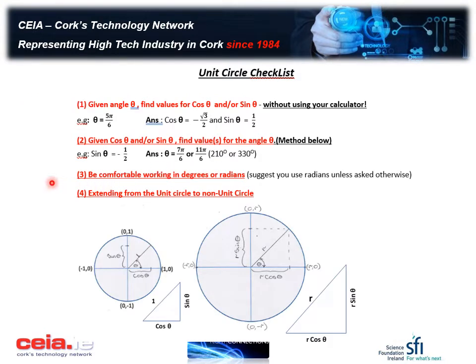So that's our unit circle checklist, and the idea is that at the end of the topic you think about and create some questions to test yourself on core skills or core ideas in the topic that you just studied. Give yourself relatively difficult examples of questions and include the answer.